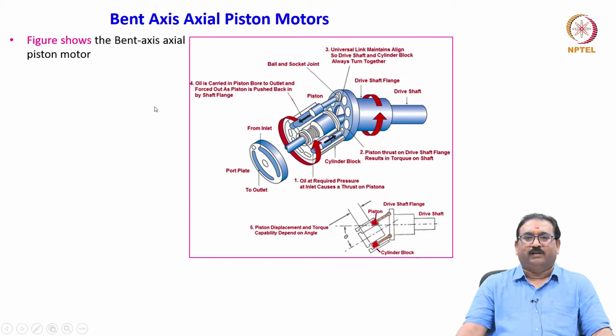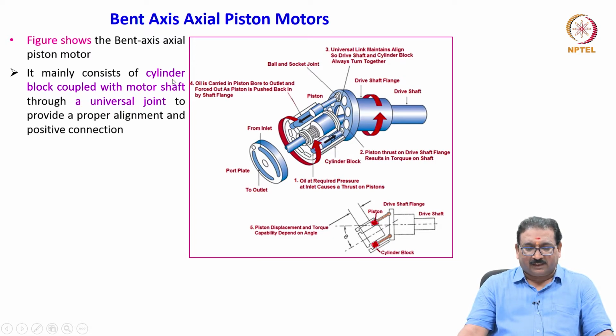Now we will see, one by one, the constructional features and generation of torque in each type of motor. The first one is the bent axis axial piston motor. The name itself tells us that the cylinder block and the motor shaft, which I have written here as drive shaft, are inclined to each other.